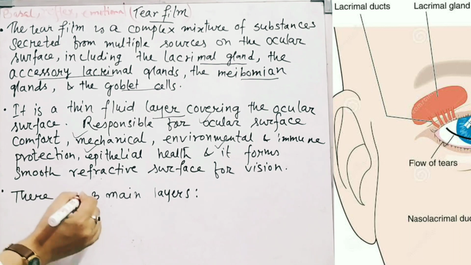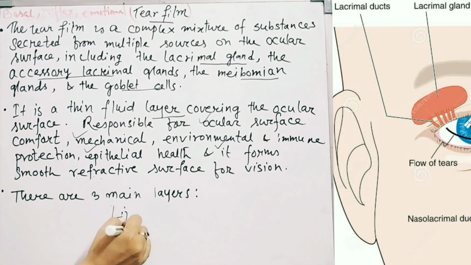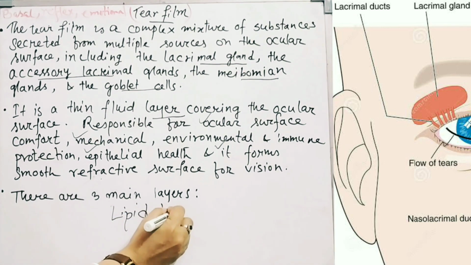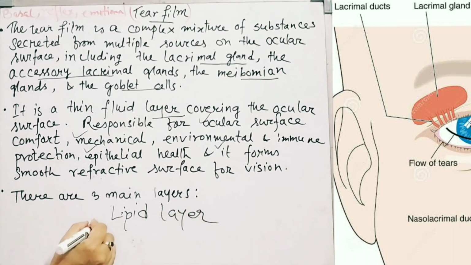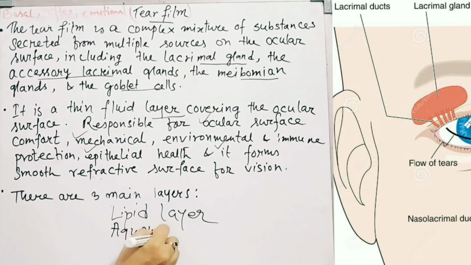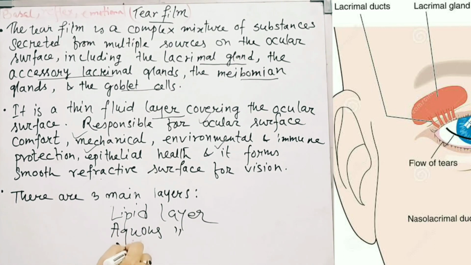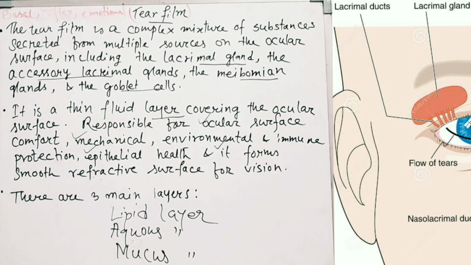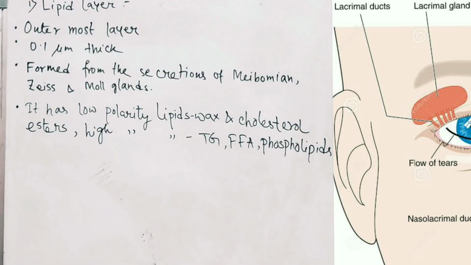There are three main layers. First, the lipid layer, then the aqueous layer, and the mucous layer. Now first of all, the lipid layer.